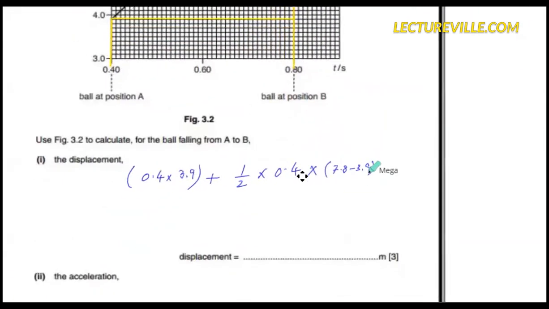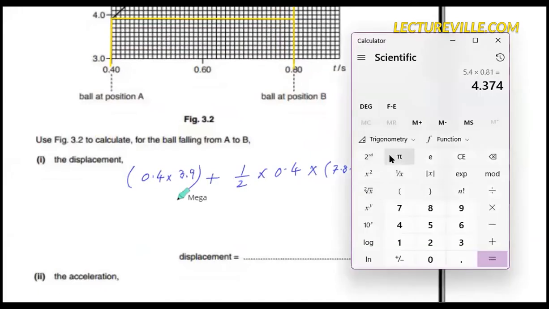So let's find out. 0.4 times 3.9 is 1.56.